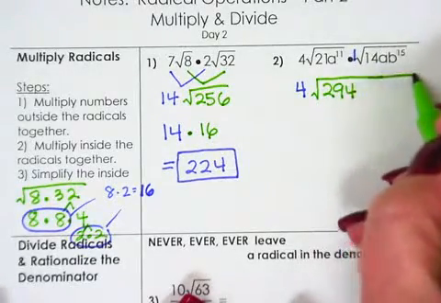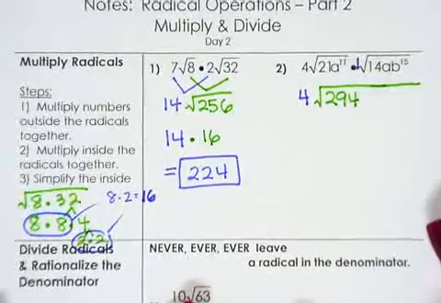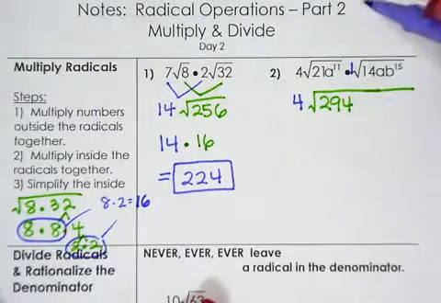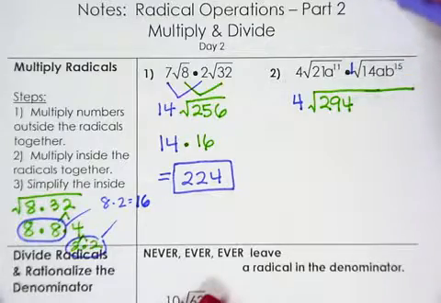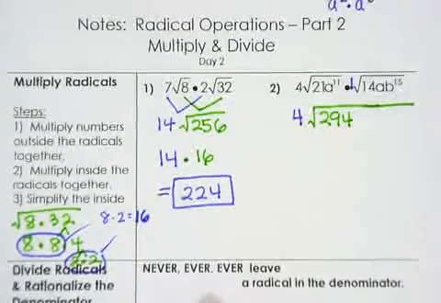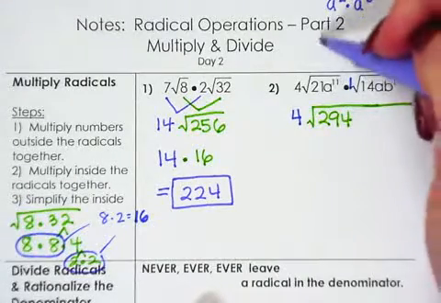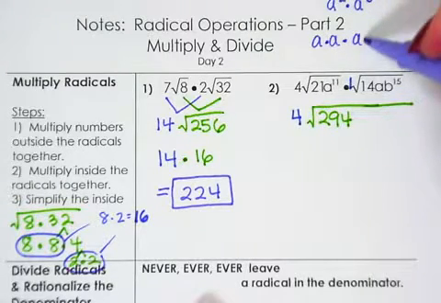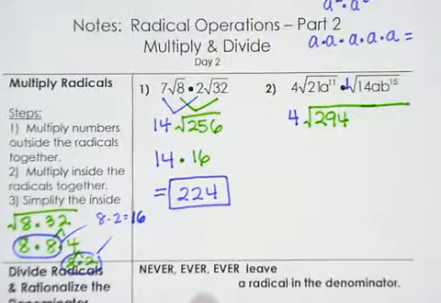Now, when working with these variables, I have to go back to basics. So think about what we did in Algebra 1. If I had something simple like a squared times a cubed, and I put that together, it would be a times a, and then a times a times a. So how many a's do I have all together?